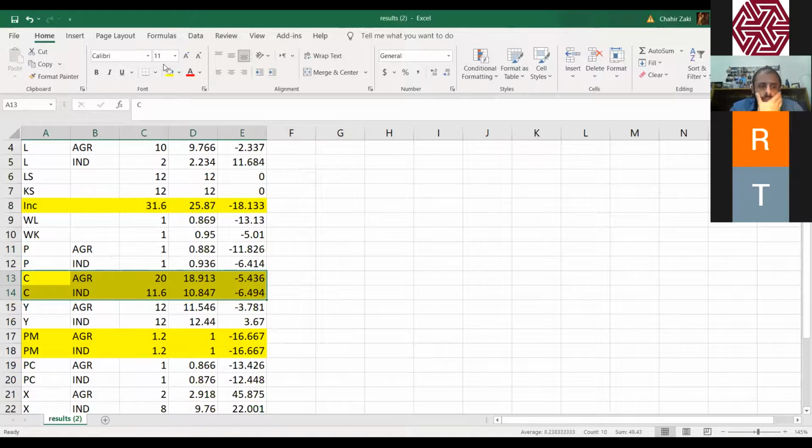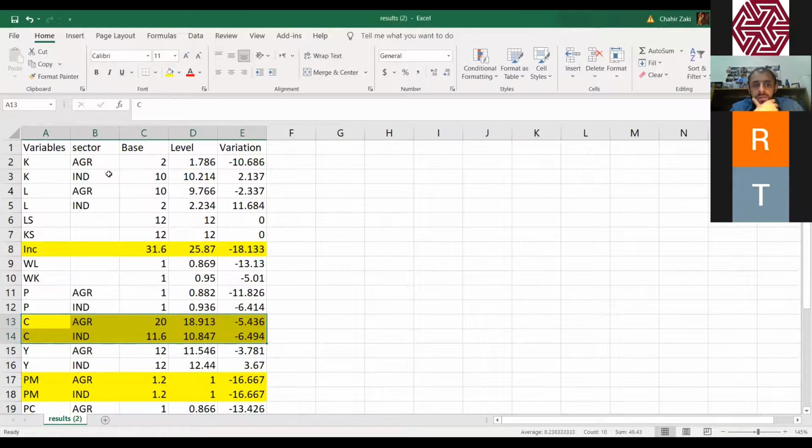Okay? If we consume less, this means that we're going to produce less because there is less demand. And if there is less demand, so this means that labor demand and capital demand should decrease.